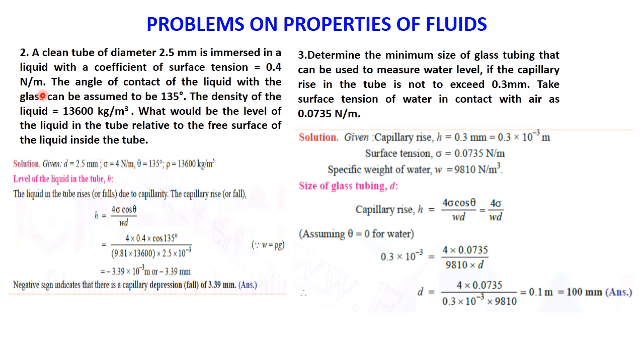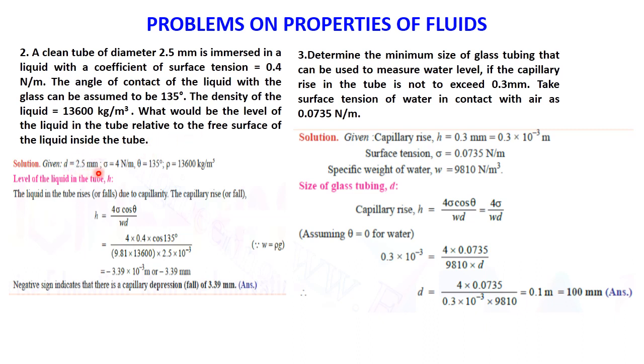The angle of contact of the liquid is 135 degrees, meaning the theta value given to us is 135 degrees, and the density of the liquid, that is the value of rho, is given as 13,600 kg per meter cube. What we have to find is the level of the liquid in the tube. Therefore we have to find the value of h, small h.